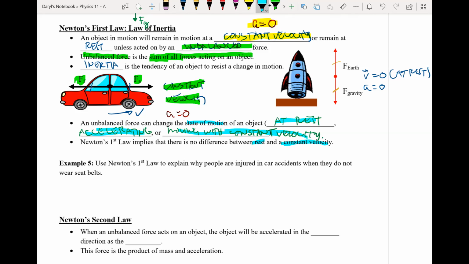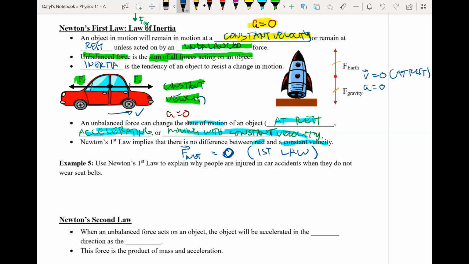And in equation form, this would be given as F net is equal to 0. So mathematically speaking, this is your first law.